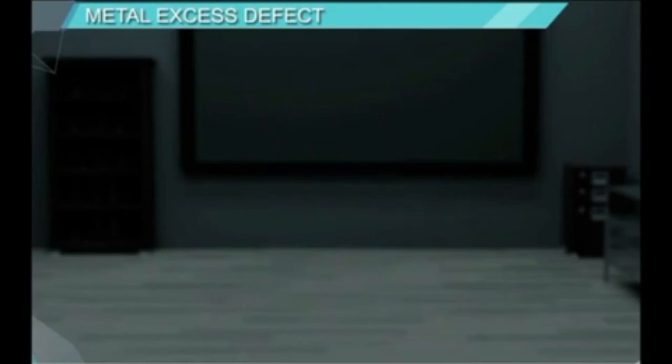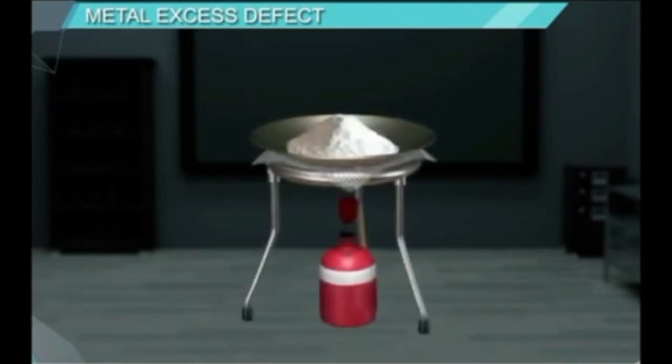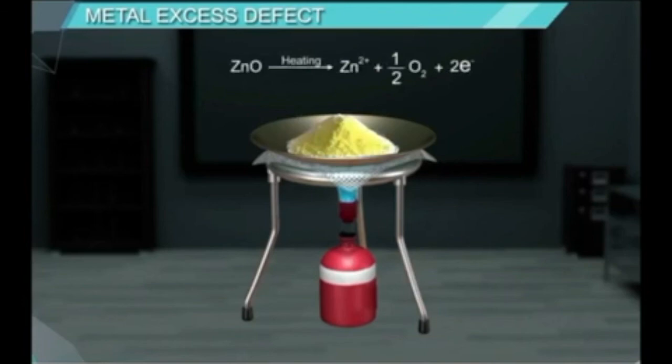Example: zinc oxide is a white or colorless solid at room temperature. But when zinc oxide is heated, it loses oxygen and turns yellow. ZnO gives Zn2+ plus 1/2 O2 plus 2e- on heating.